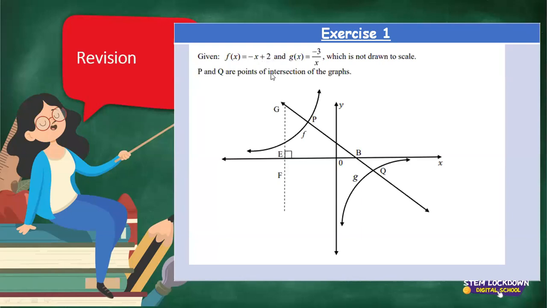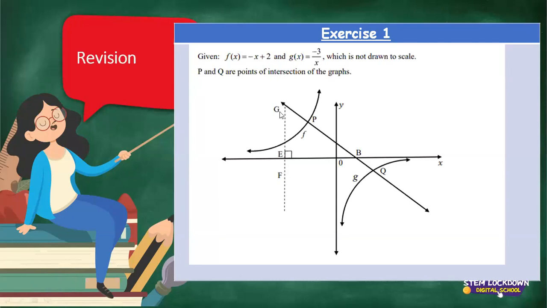So if x is -6, then you have -(-6), that'd be +6. 6 plus 2 gives you +8. That means when x is -6, our y will be +8. Do you understand?